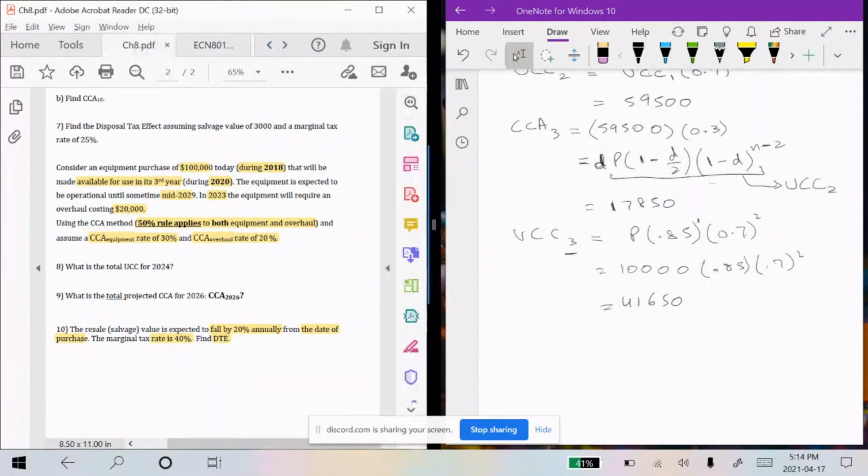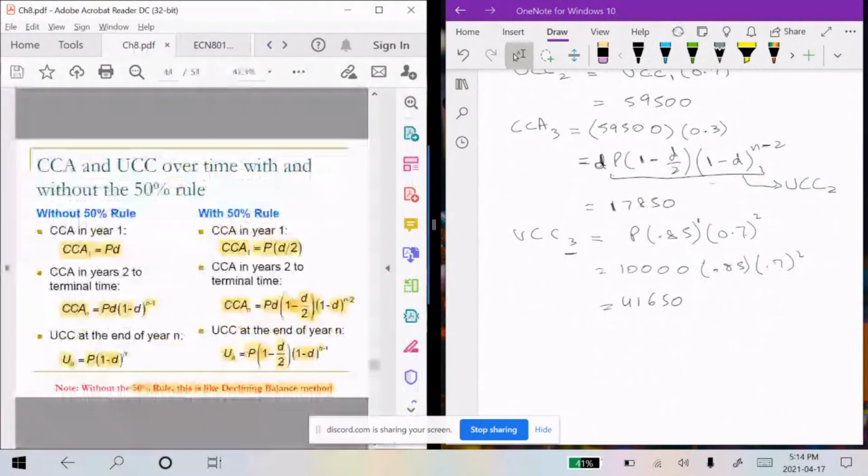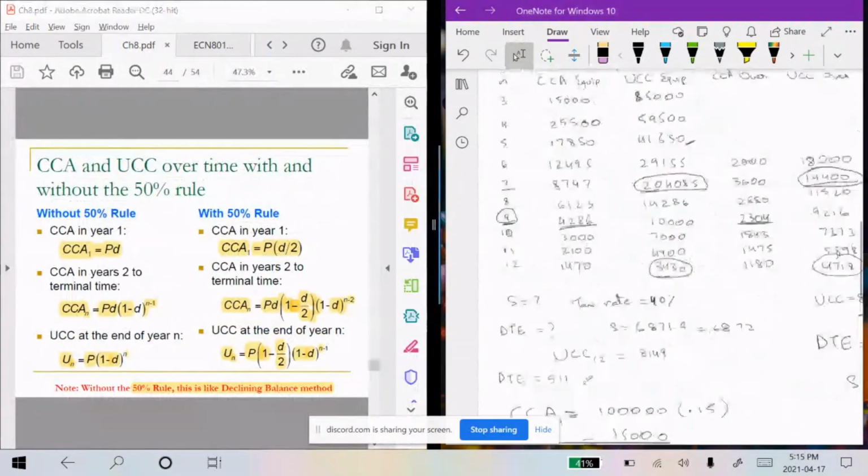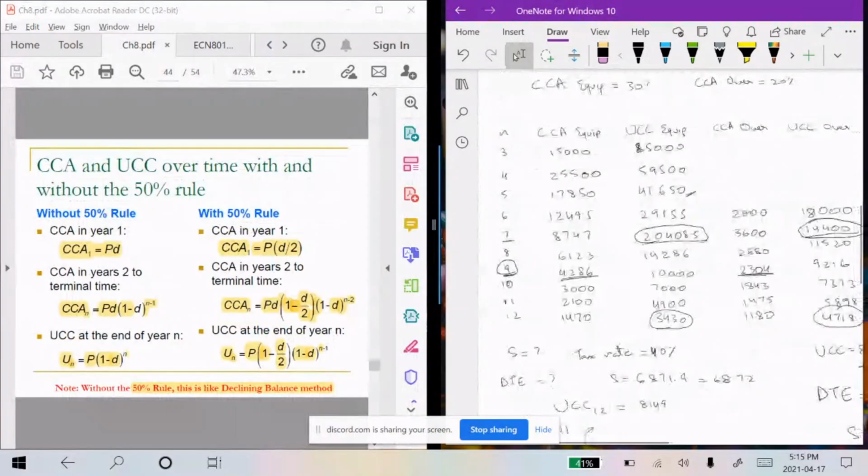If I go to the formula here, n would be 1 minus d by 2 to the power of 1. Then you add 1 and n minus 1, so you get n. Yeah, exactly, that's another good way to figure it out. I think it might be easier to use the formula directly, but I just find this easier because after I've done this table, I can get all the answers just by adding it up.